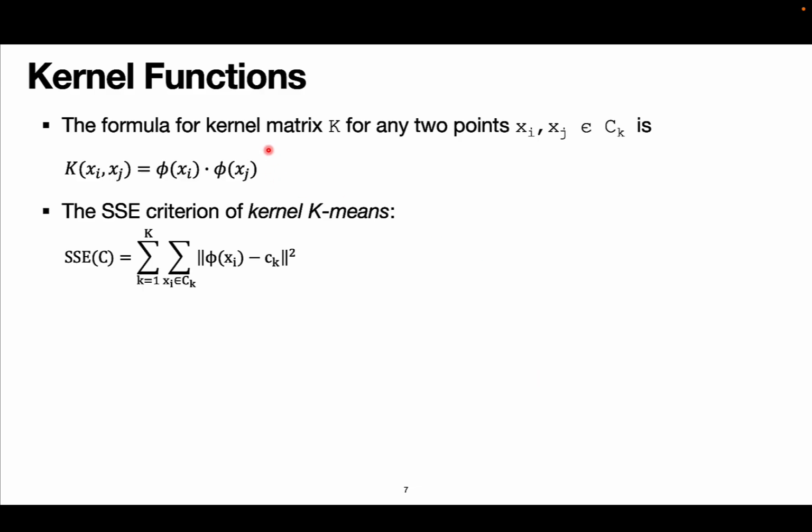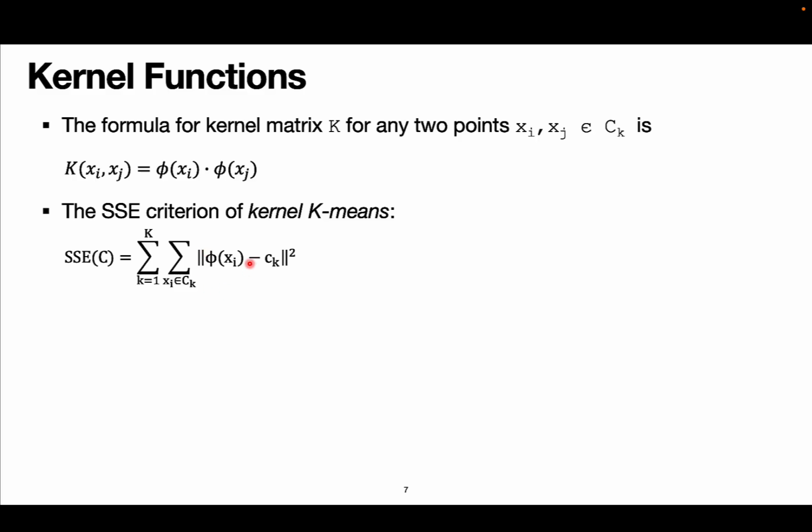First, the formula for the kernel matrix K: for any two data points xi, xj that belong to ck, K of xi, xj equals the dot product between phi xi and phi xj, where phi of x denotes the mapping from the original space to the higher dimensional feature space that we compute through applying the kernel functions in the previous slide. Next, the sum of squared error criterion for the kernel K-means remains as before.